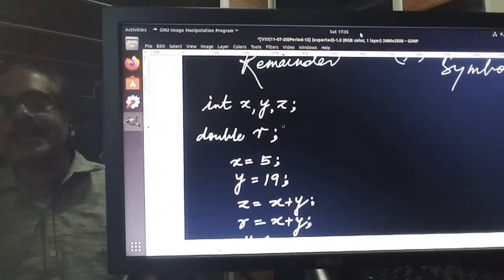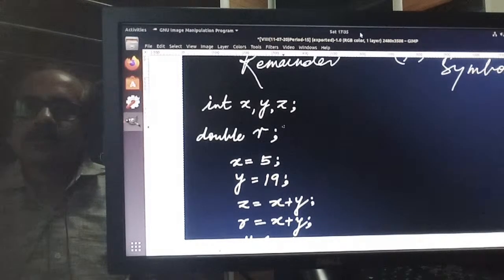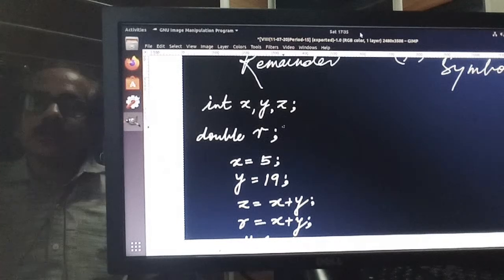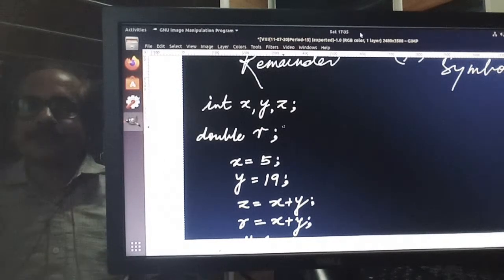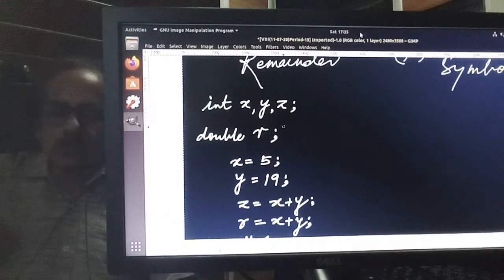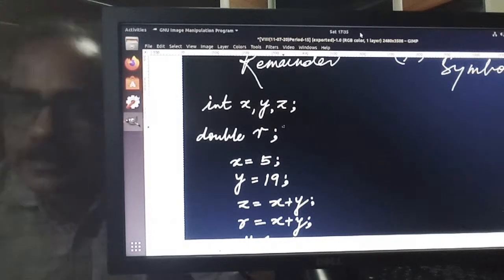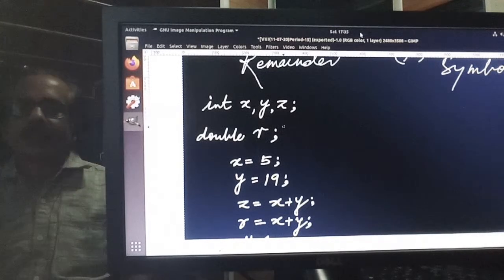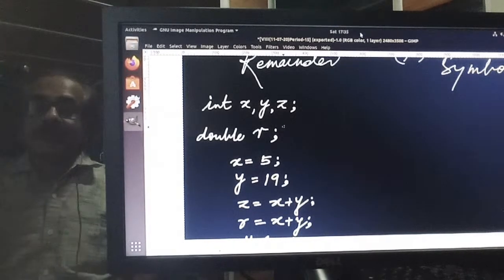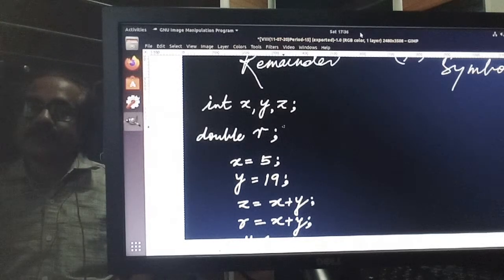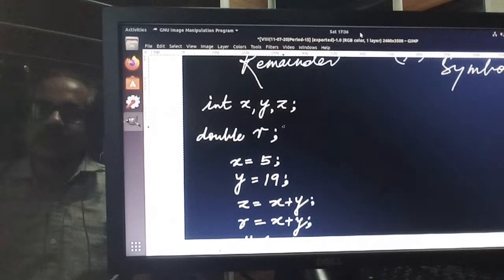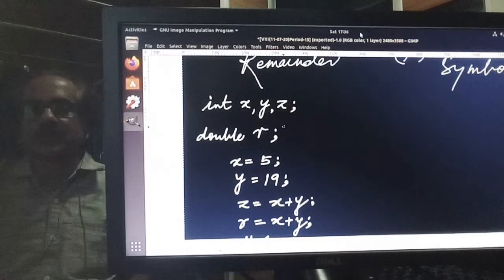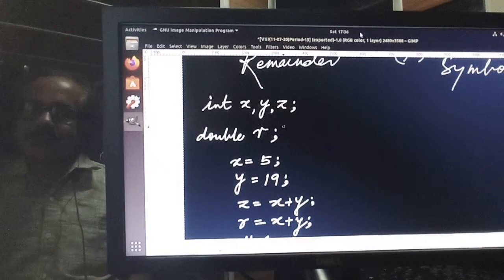That means X, Y, and Z can hold whole numbers only, while double can have fractional numbers also. R will have fractional numbers also, as you have declared it as double type.